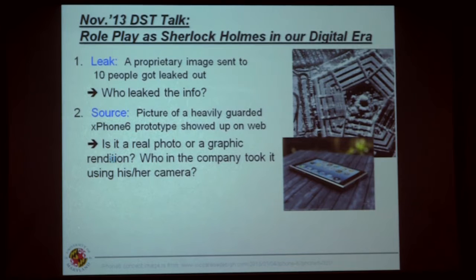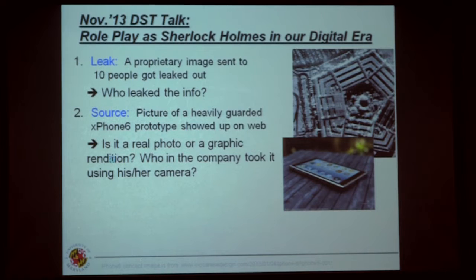You can figure out what X is in this case. Now, from the competitor's point of view, they want to know: this picture looks real, but is it a real picture of an actual prototype, or is it a graphical rendering? How can we differentiate a real photograph from a graphic rendition that looks real?